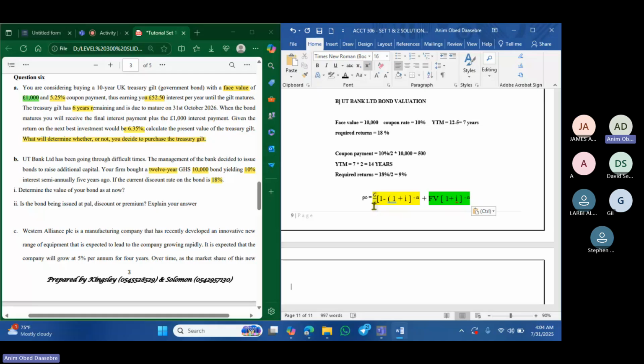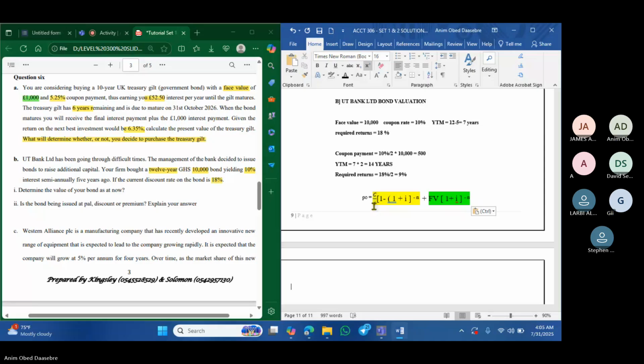The 5 years ago is in the past, but what we are about to find, the 7 years, is in the future. We are not factoring in the 5 years ago. We are looking at the remaining years, which is the 7 years.